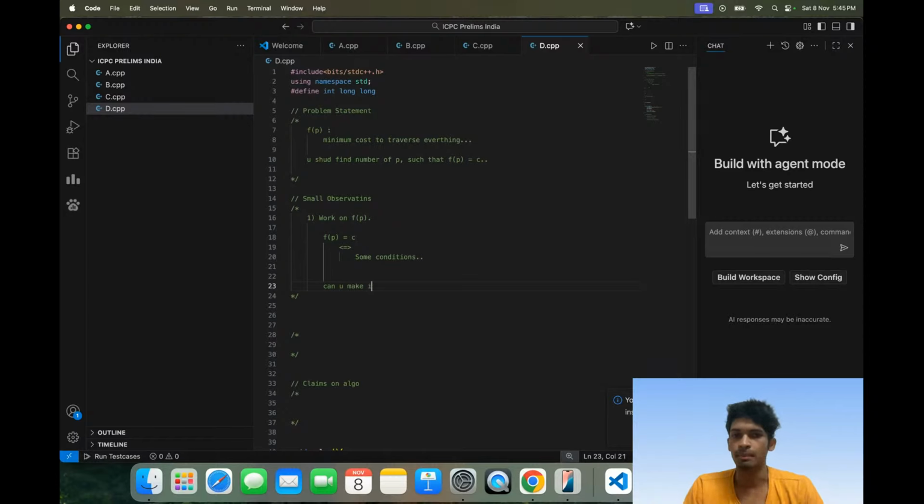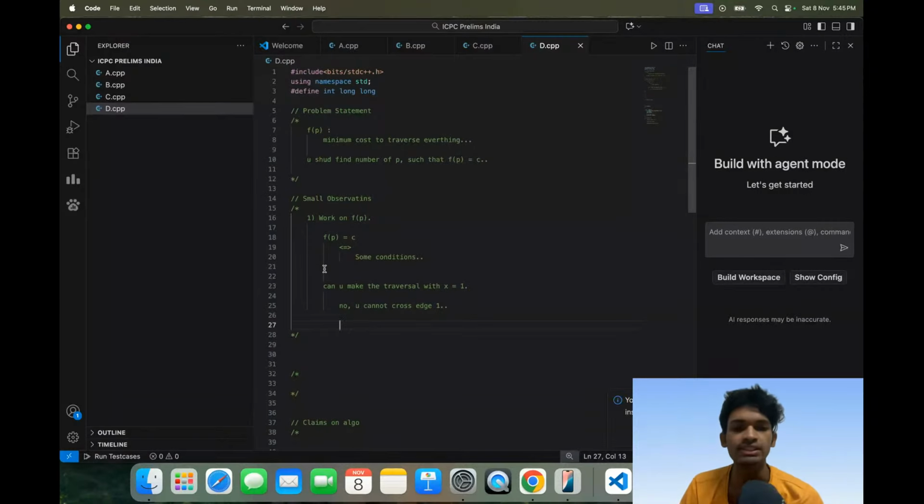You cannot cross the edge that has weight one. So that's the problem. You can traverse all of them without this one.